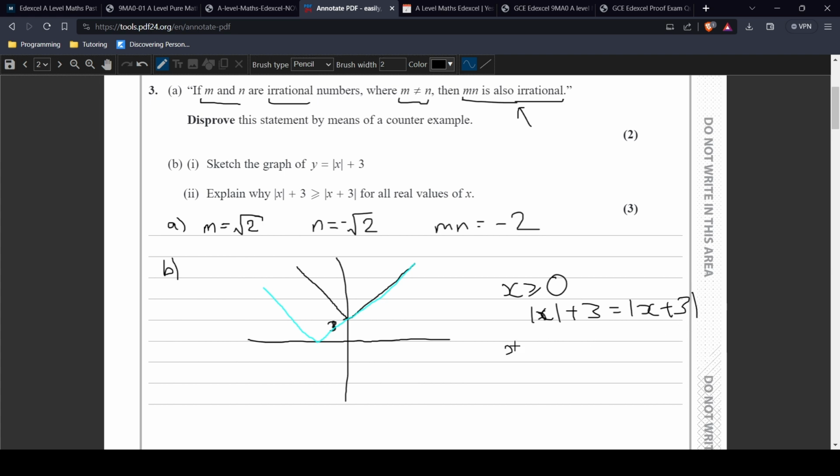But for values of x less than 0, what's happening? Mod x plus 3 is just strictly bigger than the other one, mod x plus 3. So therefore, overall we have a weak inequality, bigger than or equal to.